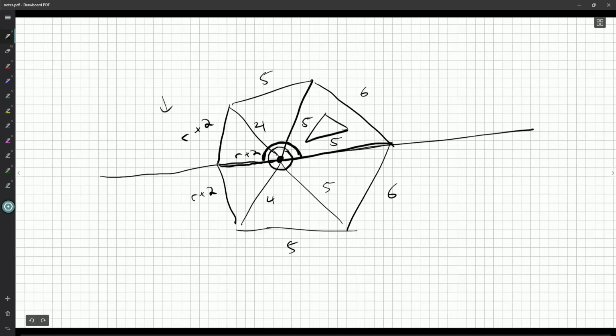And if I know all three sides of these triangles, I should be able to get these interior angles, and then I can figure out this interior angle, and from there we might be able to use some trig identities. Yeah, because we can figure out this angle because it's isosceles, and then we could figure out this angle and probably use the cosine law. So we got a strategy here. So I'm going to zoom in here.